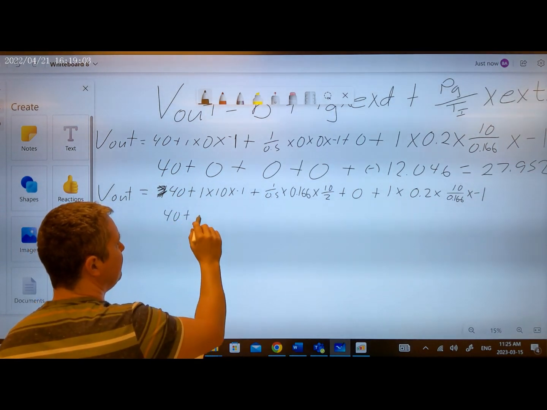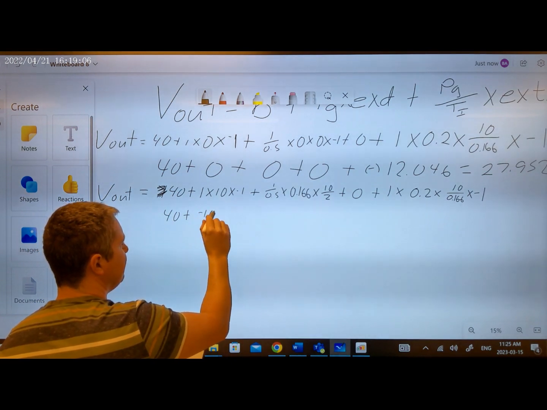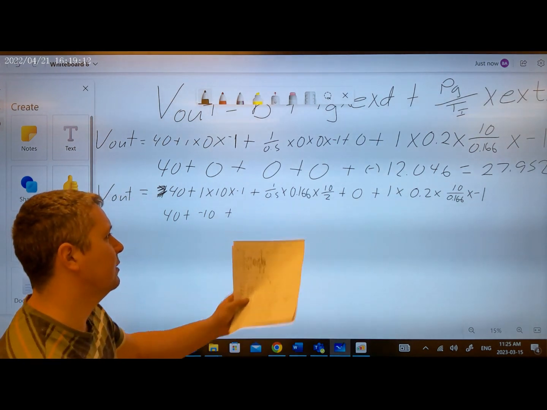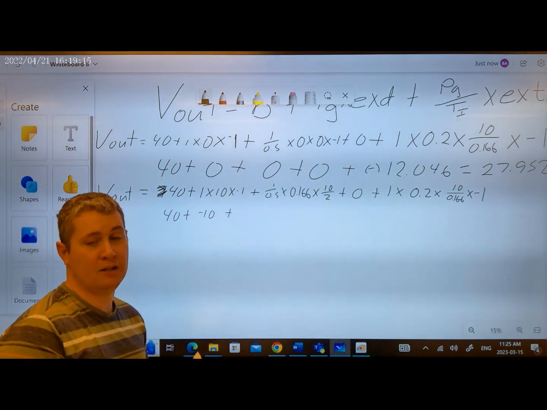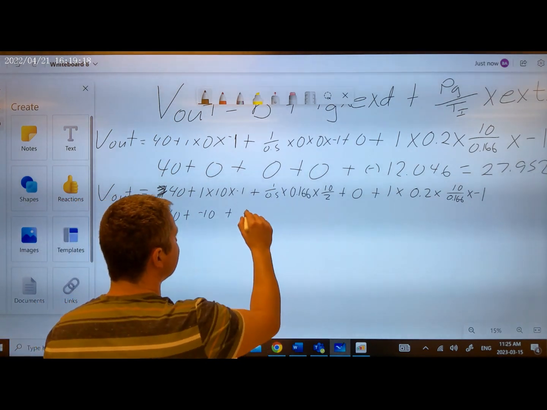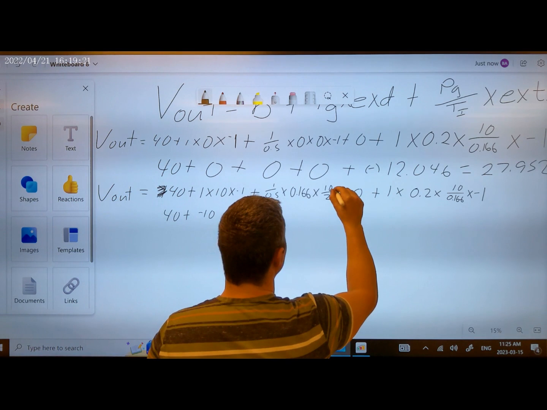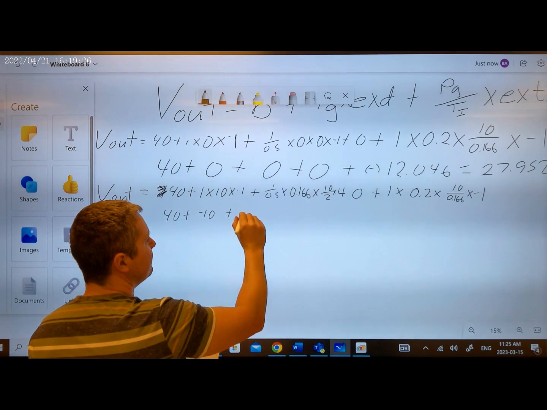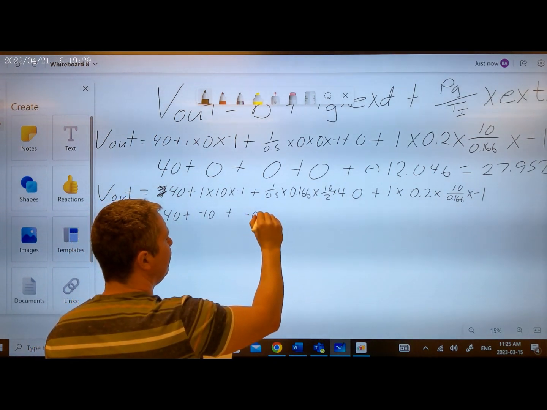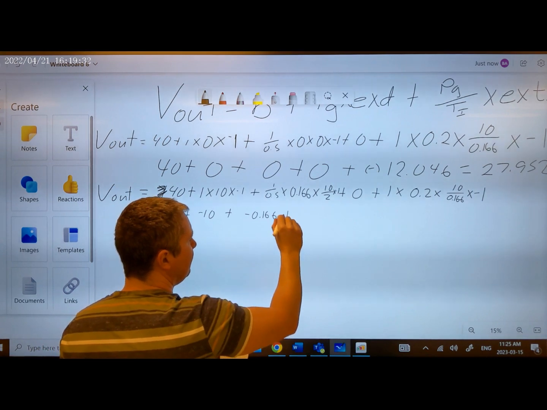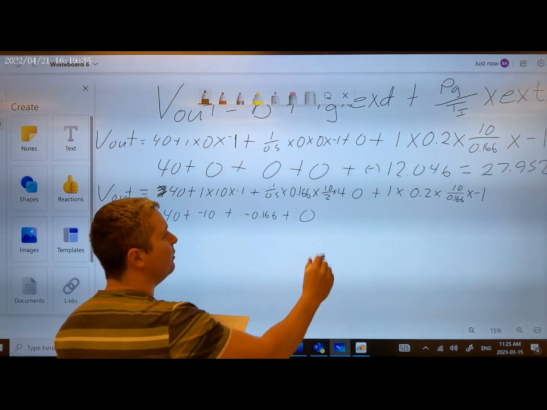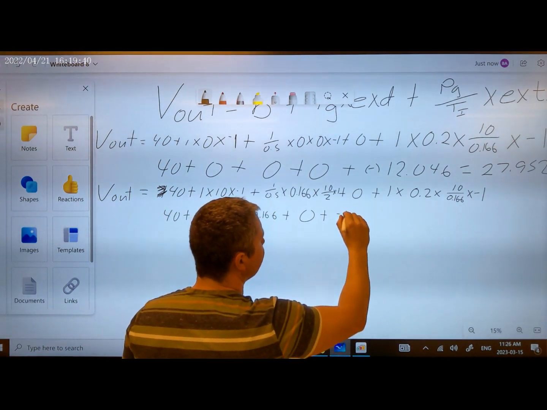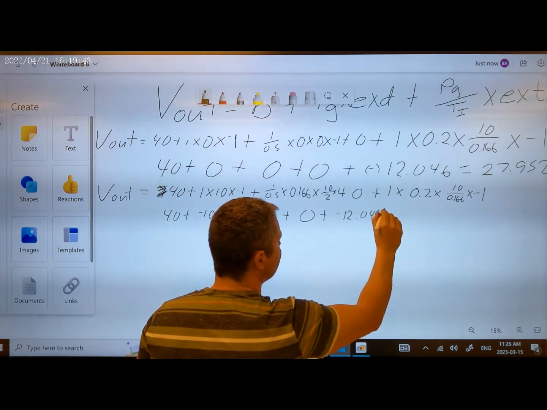Now we have 1 times 10 times -1, which is minus 10, plus 1 over 0.5 times 0.166 times 10 over 2, and we were supposed to times that by our direction, which gives us negative 0.166, plus our accumulative integral, which is still 0, plus our derivative, which is negative 12.046.